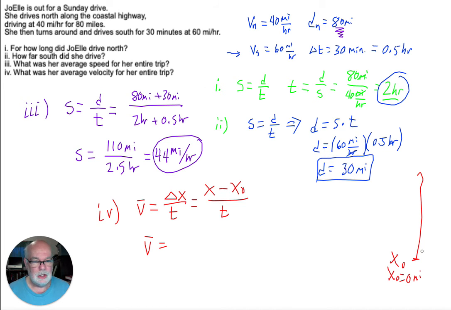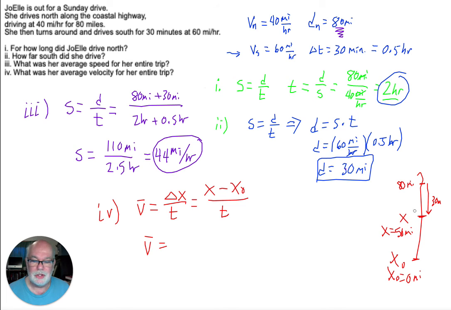She drove north and went 80 miles. So she got up to this point right here, which was 80 miles. Then she turned around and drove back another 30 miles. So she ends up here. This is her final position. If she started at 0, goes up to 80, then moves back 30, that is 50 miles.